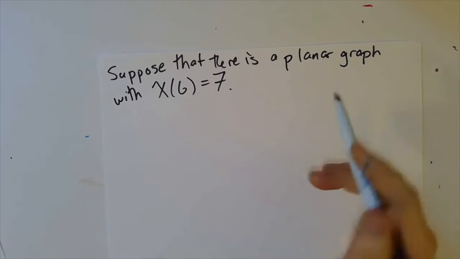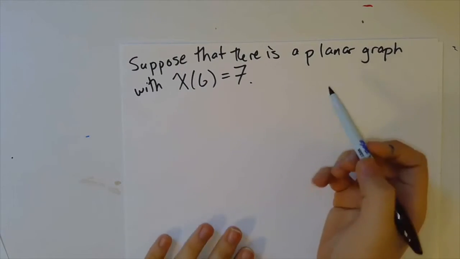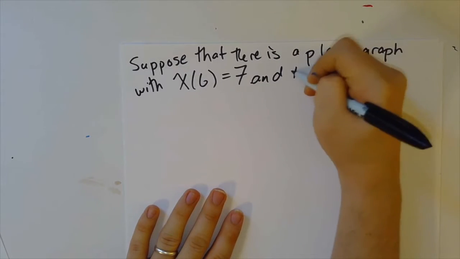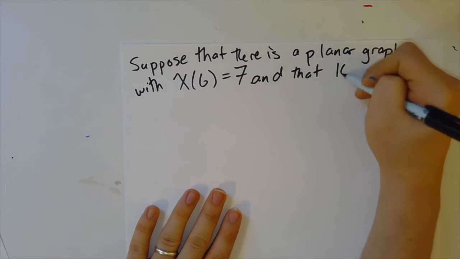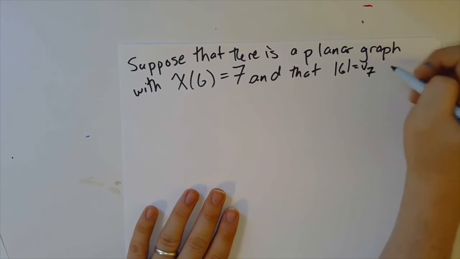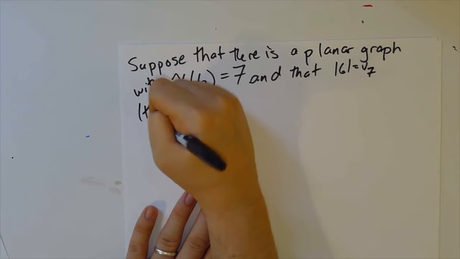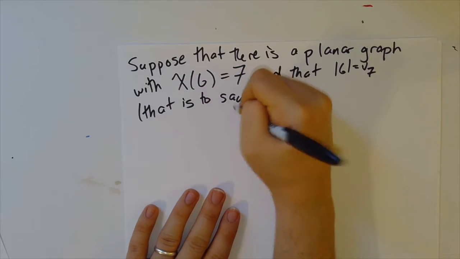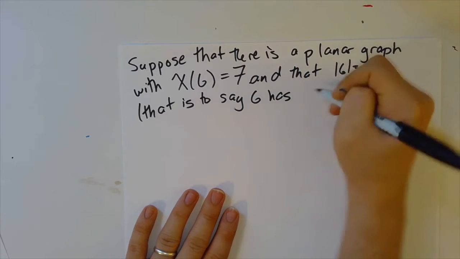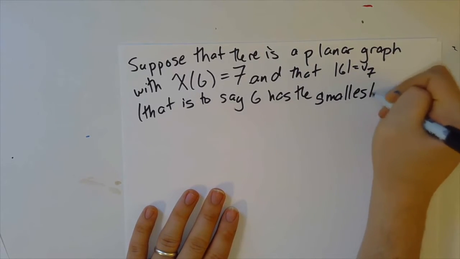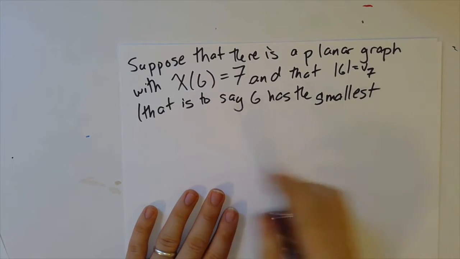So I'm going to suppose there's a planar graph with chromatic number 7, and that the size of G is v7. Which is to say that G has the smallest number of vertices a planar graph with chromatic number 7 could have.